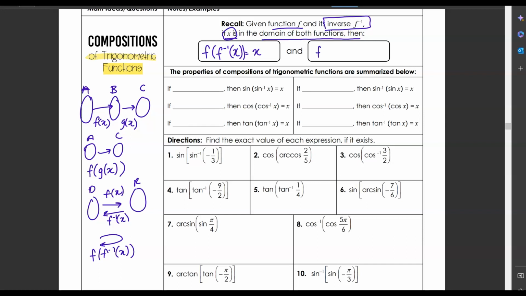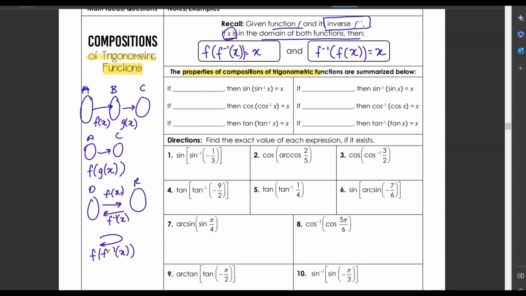This is also true if I take my inverse and compose it with the original function f of x, then I will get x. And this helps define whether two functions composed with each other are in fact inverses of each other. So when we're looking at trig functions, we have to keep in mind some properties. Let's take a look at this summarized here.